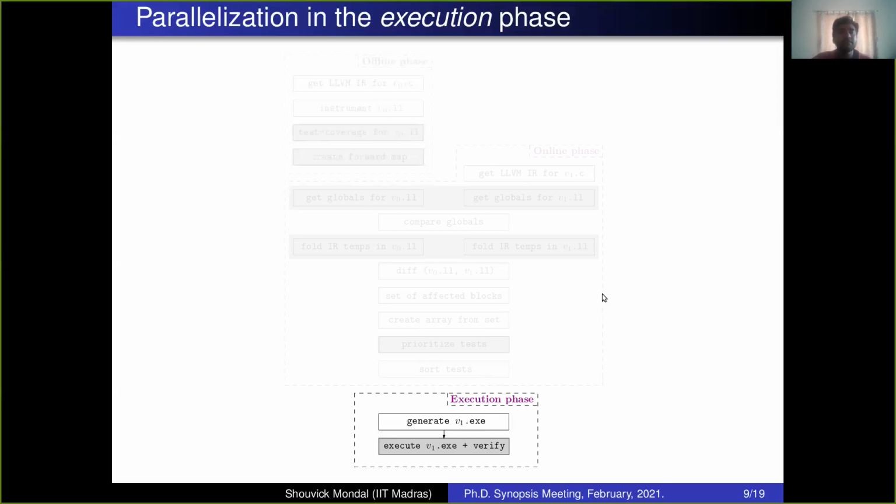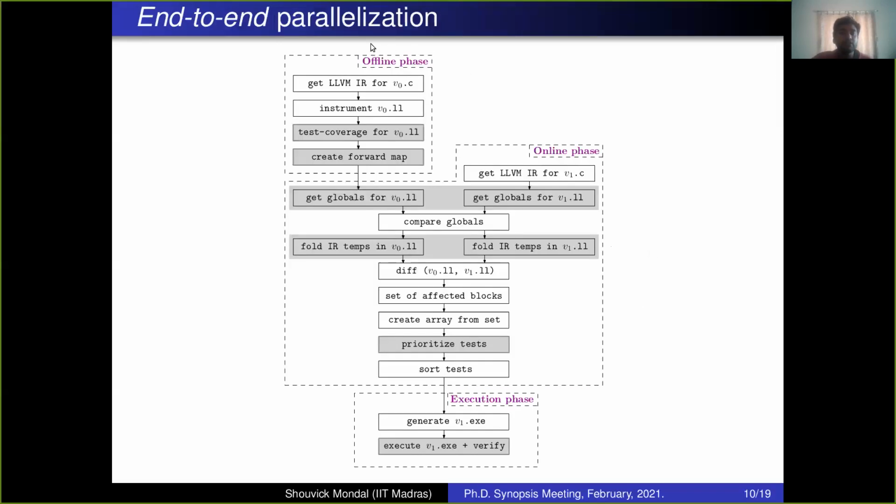If there is a discrepancy, the test case is said to have failed. So this is the total diagram of the offline, online, and execution phases zoomed in. Note that the shaded portions are where the parallelization opportunities lie and where we have included the parallelization windows. Others are the inherently sequential parts of the component.